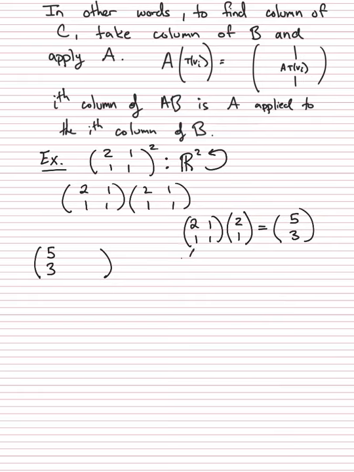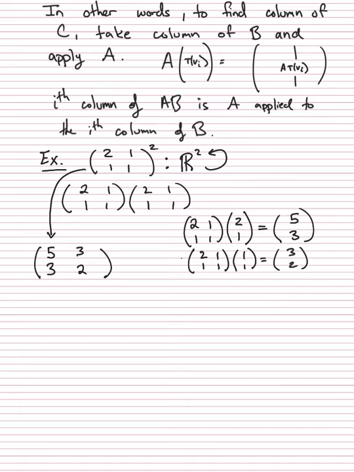Second column, you do the same thing. You apply the matrix 2, 1, 1, 1 to the second column, 1, 1. And then what do you get? You get 3, 2. So the square of this matrix is 5, 3, 3, 2. And you see what happens, right?